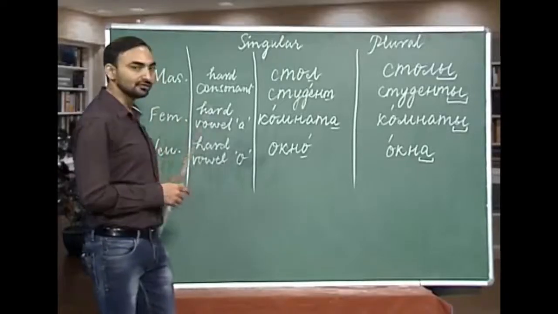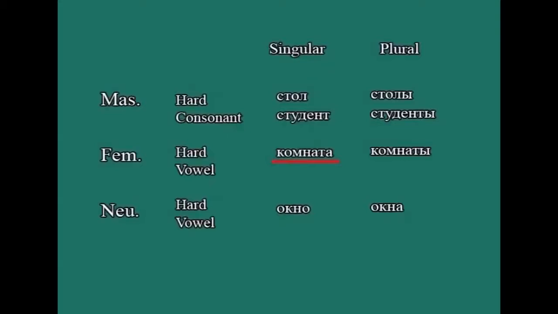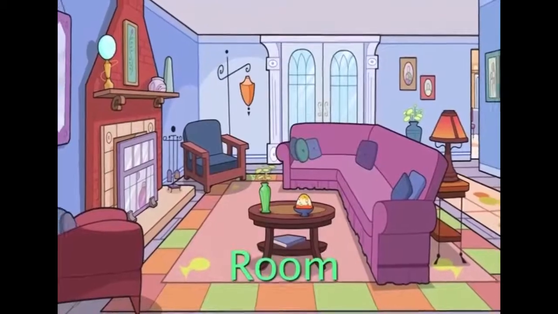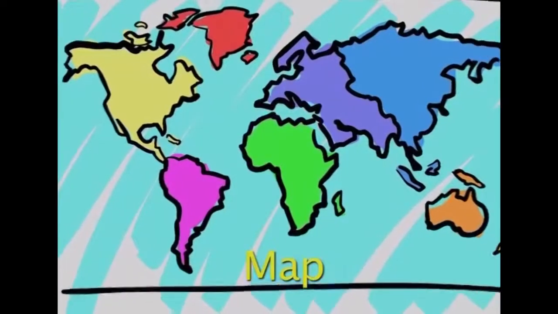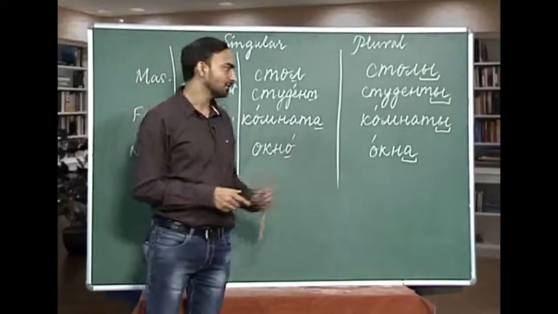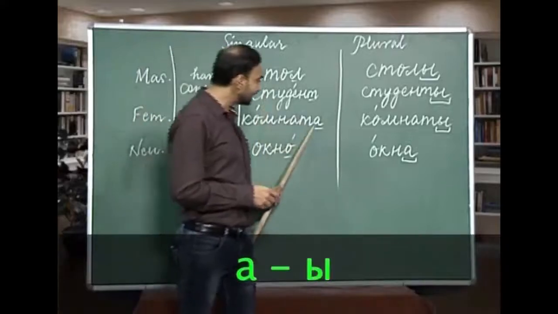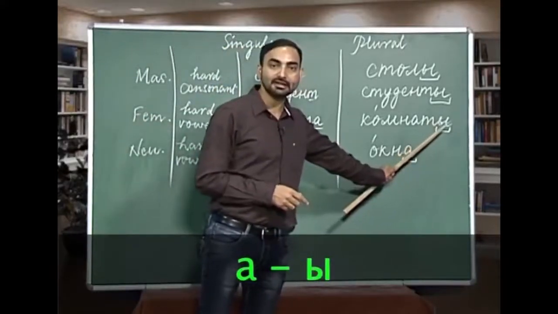Next, we have feminine nouns with hard vowel а ending. For example, комната. Комната is room. Карта. Карта is map. So, how do we form plural of комната? What we do is we replace this а with ы, again the same hard vowel ы.